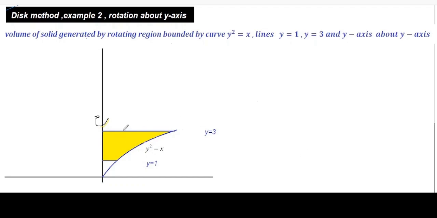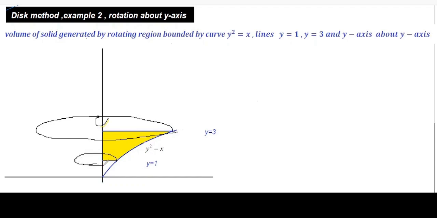So when this line y is equal to 3 is rotated about the y-axis, it will form a circular portion like this. And similarly, when this line y is equal to 1 is rotated about the y-axis, it will again form a circular portion like this.